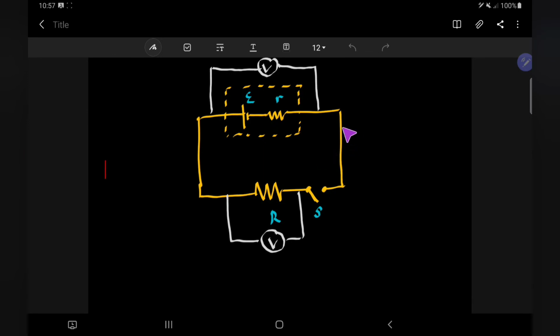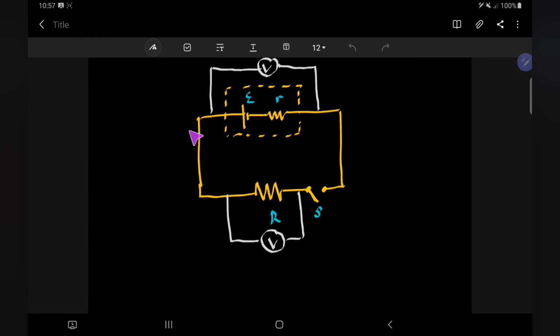Okay guys, let's say there is a cell connected to an external resistor, and the switch is still off. We connect a voltmeter across the cell, and also across the external resistor. The switch is still open, which means there is no current flow.